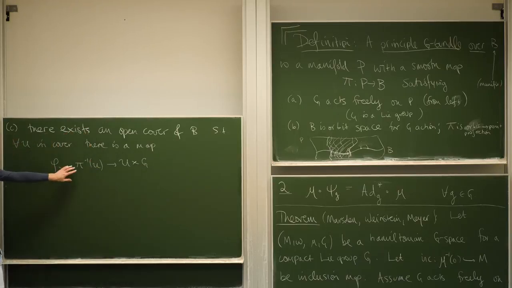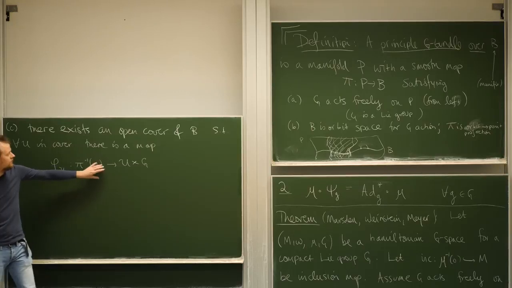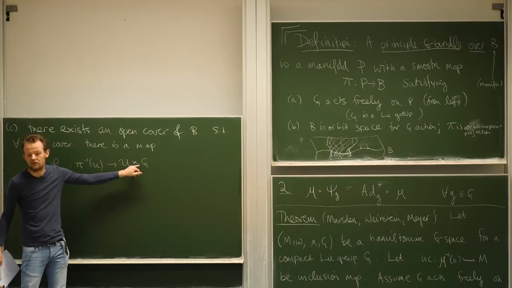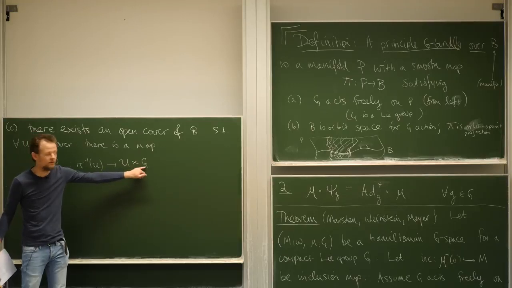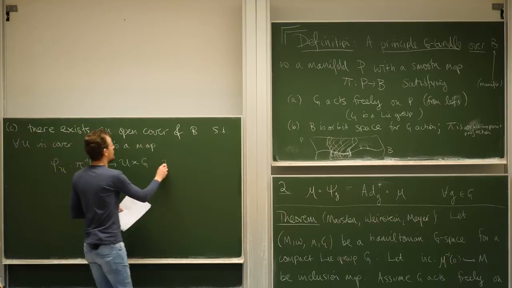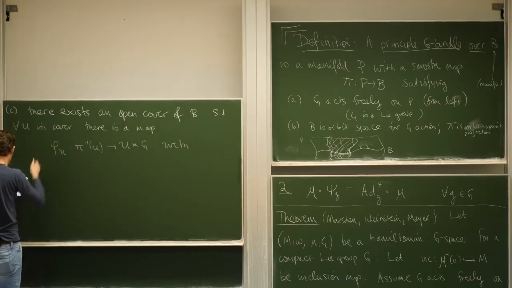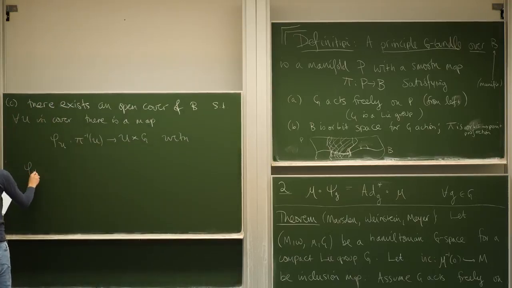So there's a map that takes this uncollapsed set of orbits from B into a Cartesian product of the open set and the group G. So it straightens them out, if you like. And to express this local trivialization or straightening out property, we can write it like this.